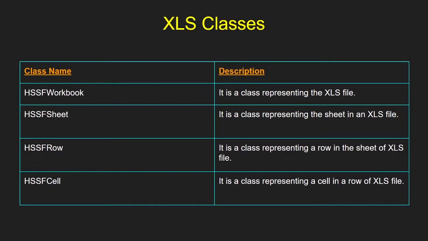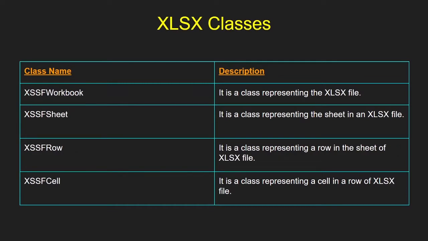Next, let's go to the XSSF implementations. In the previous slide, we saw XLS and we use HSSF for that. For XLSX, we are going to use XSSFWorkbook. Every implementation remains the same, only the class will change.